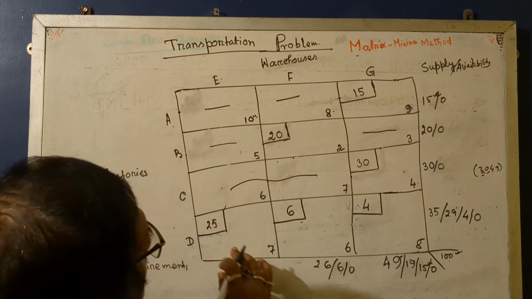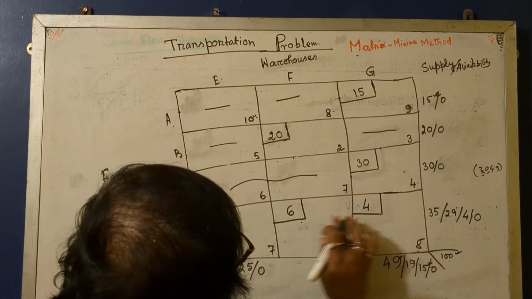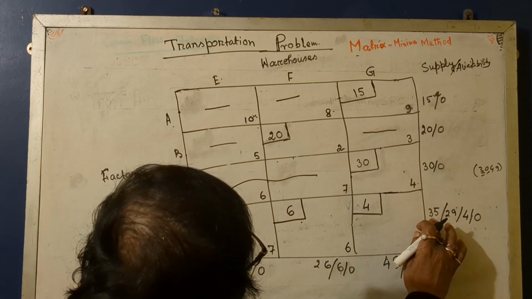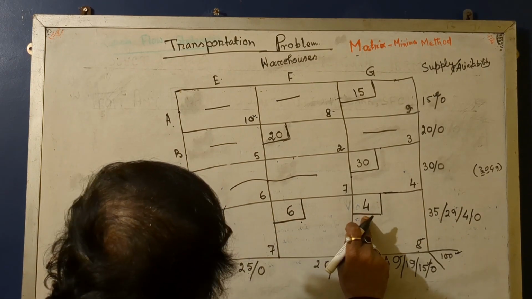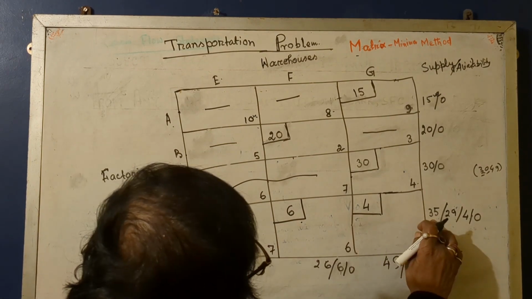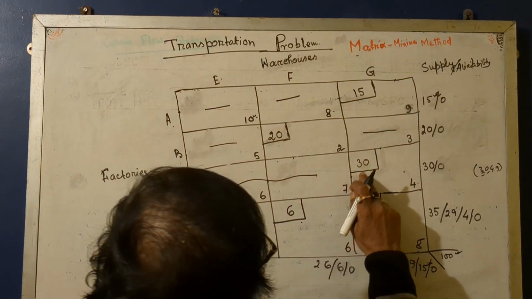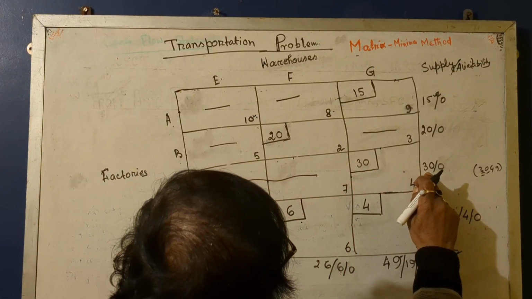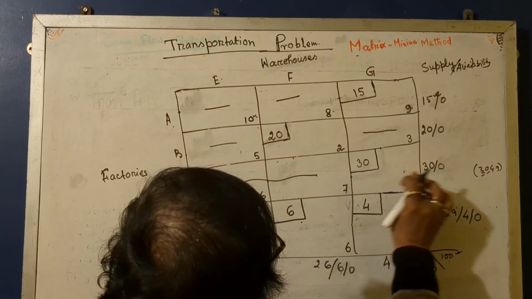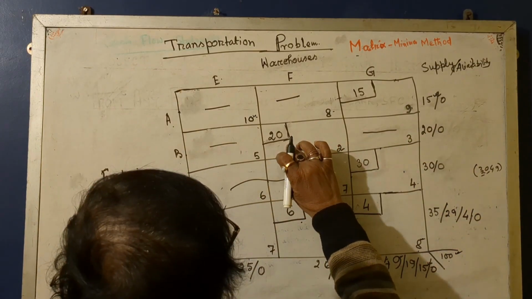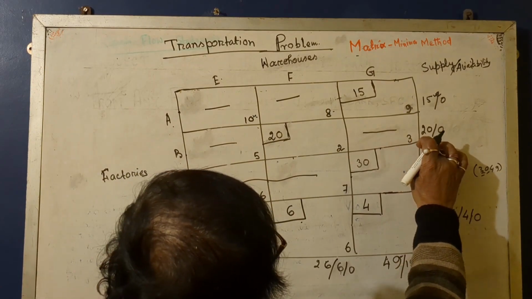You can check it. If you add all these units, you will get the total available units. 6 plus 4 plus 25 is 35, satisfied. Similarly, 30 units is also available. And 20 units which have been shifted, it is also available.